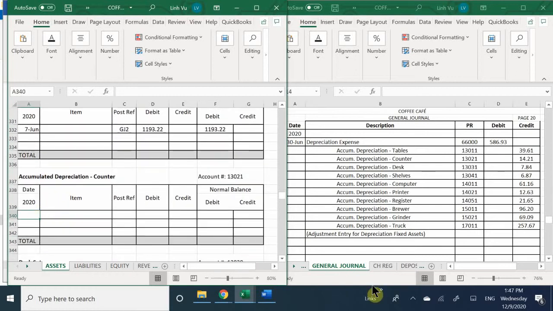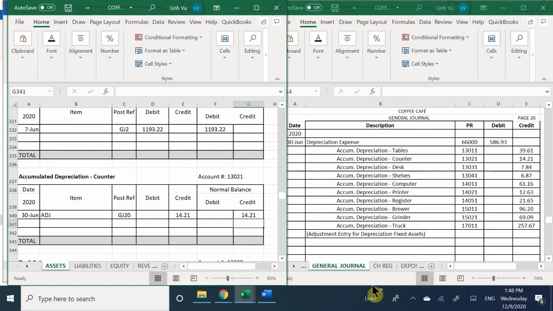Now I am on my counter. Adjustment. General Journal 20. And for how much? The dollar amount. General Journal 20, and it is going to be $14.21 in the credit column. Good.